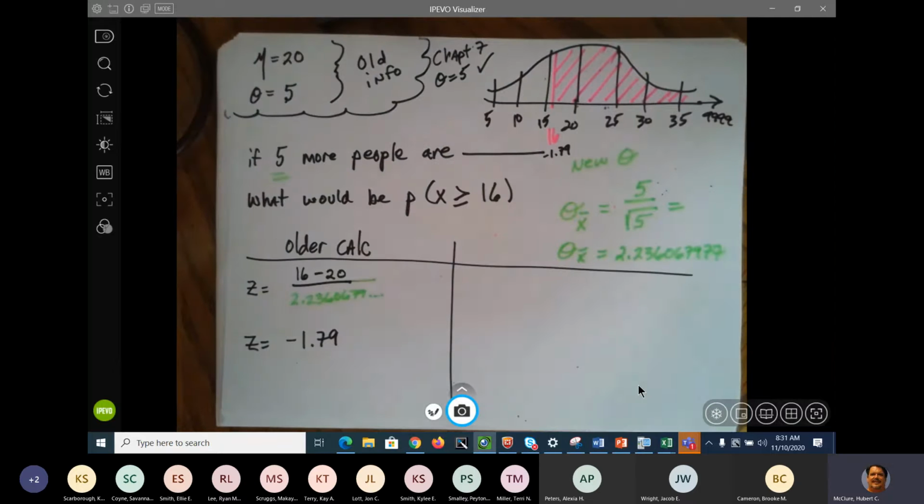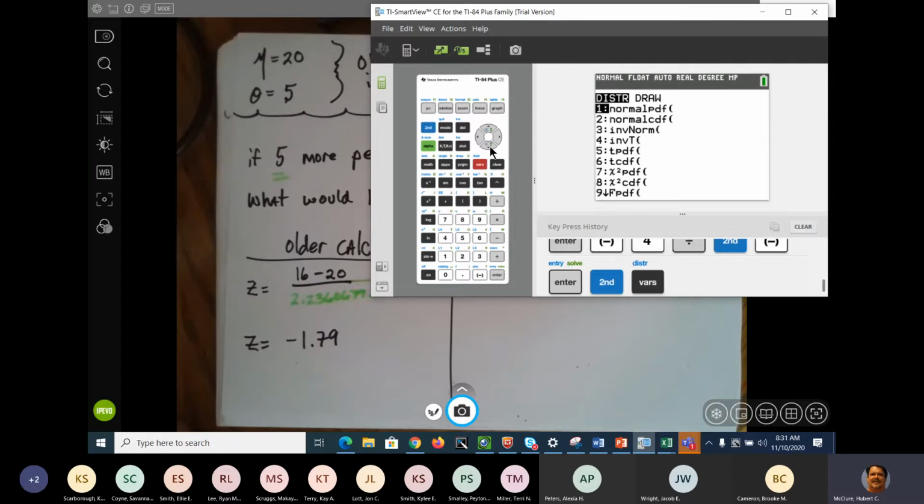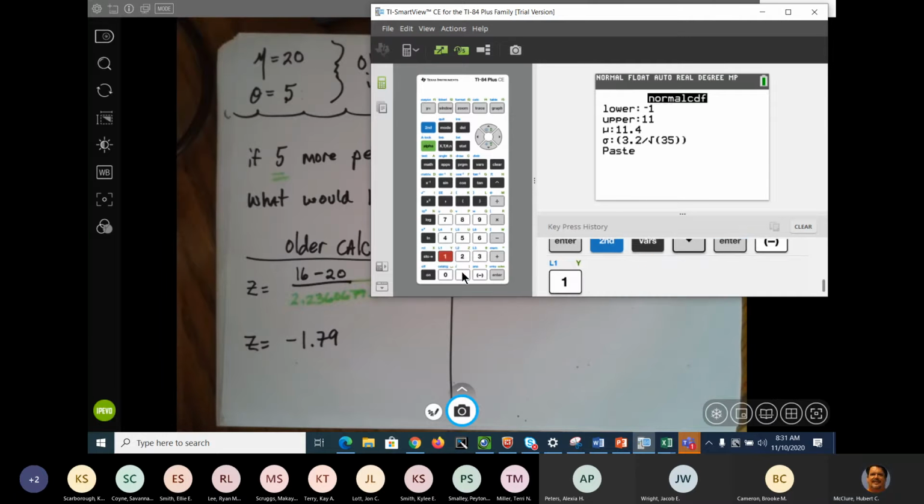So you'd go from -1.79 to 9999. If you've got an older calculator, we're going to type that in now. We go second vars, -1.79 multiplied to 9999.